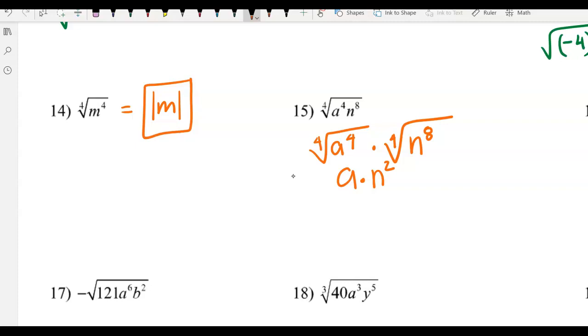But if a is negative, is there a possibility of making this positive if there's not a square or 4th power? No. So we only need an absolute value around one variable this time, just a. We don't need it for all of them.